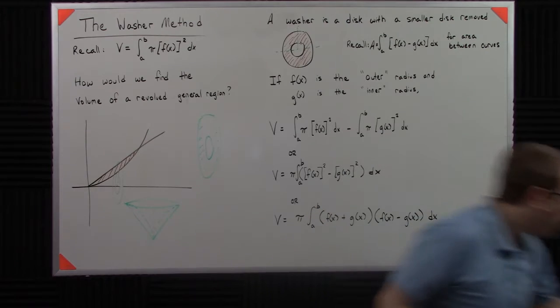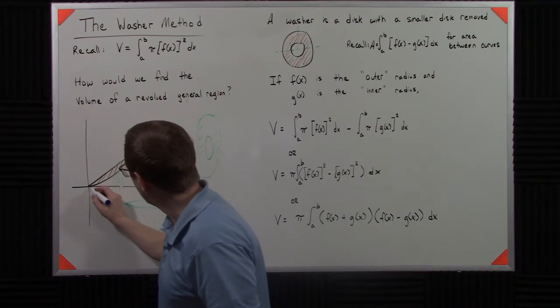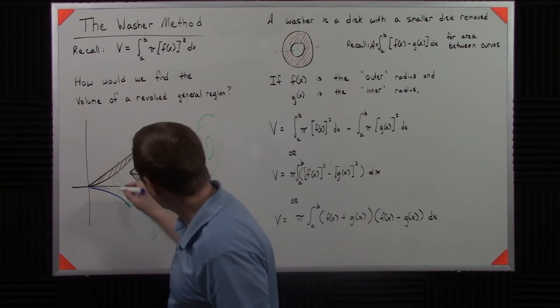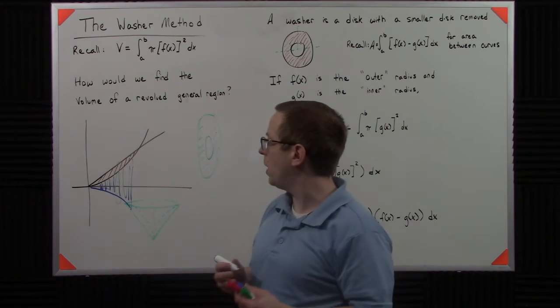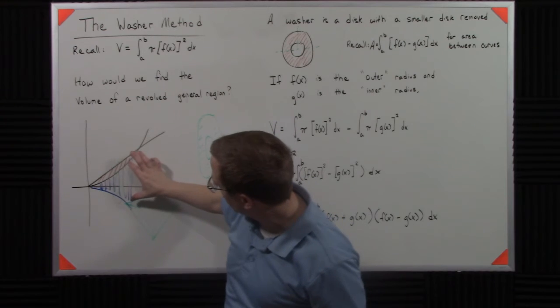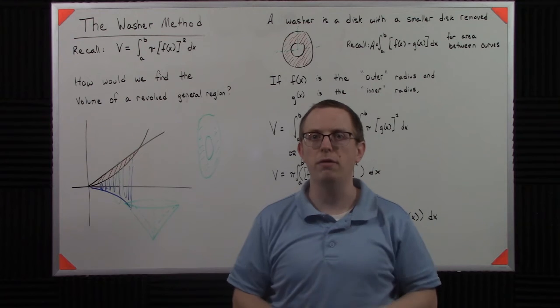So let me get a few more markers here. If I think about that, there's this whole volume here in that blue area. And what I'm really doing is taking a right circular cone and then cutting out that funnel from it.